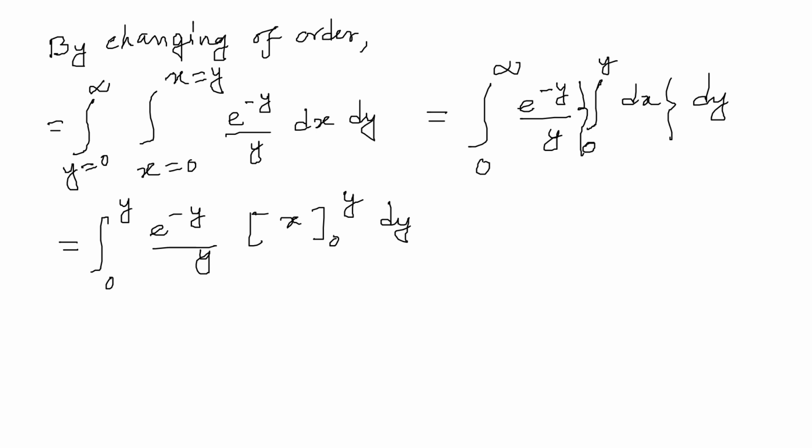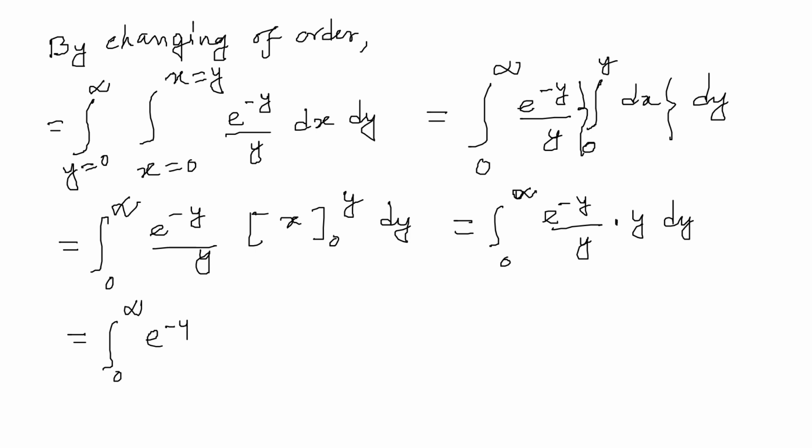Now you substitute the limits for x, upper limit y and lower limit 0, and y goes from 0 to infinity. In place of x you substitute y minus 0, that means e to the power minus y by y into y dy. Y will cancel, so that means the integral from 0 to infinity of e to the power minus y dy.